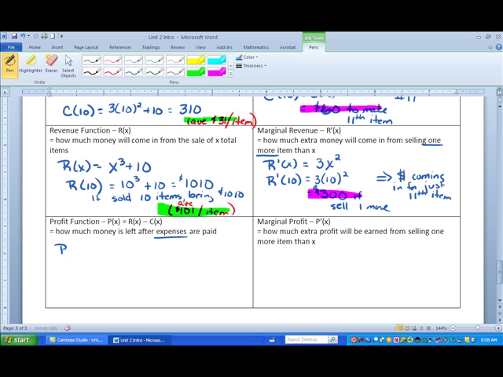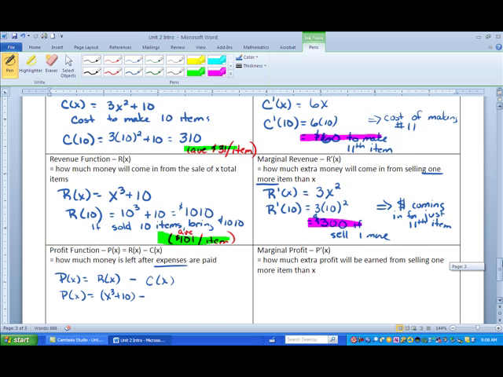So our profit statement is when you take all the money you brought in, which is the revenue, and subtract from it the cost. And if we look at our two statements here, our revenue was x cubed plus 10, and this is why back in algebra you had to learn the concept of combining functions.